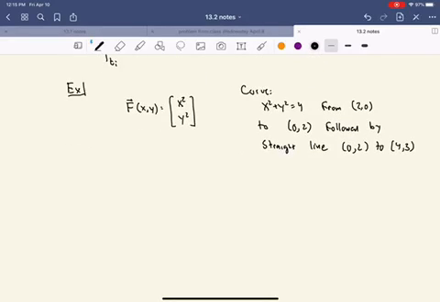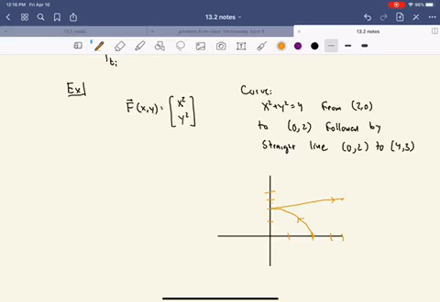Let me draw that out. We start out at (2, 0), and we go to (0, 2) in a circular motion. Then we go to (4, 3) in a straight line motion.